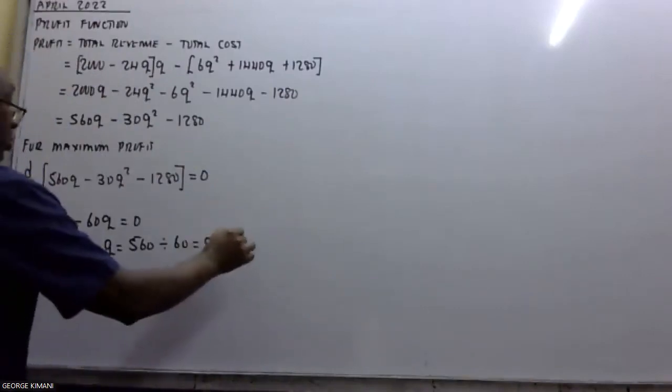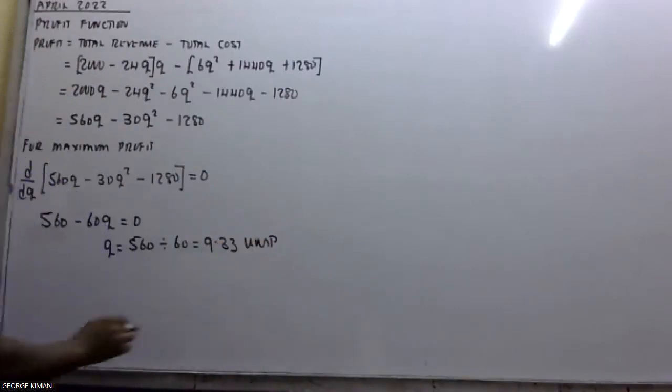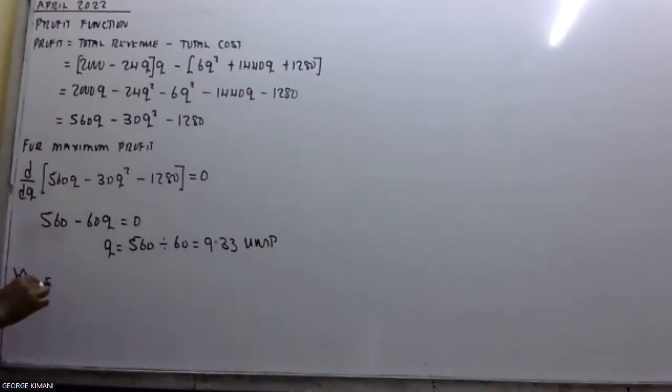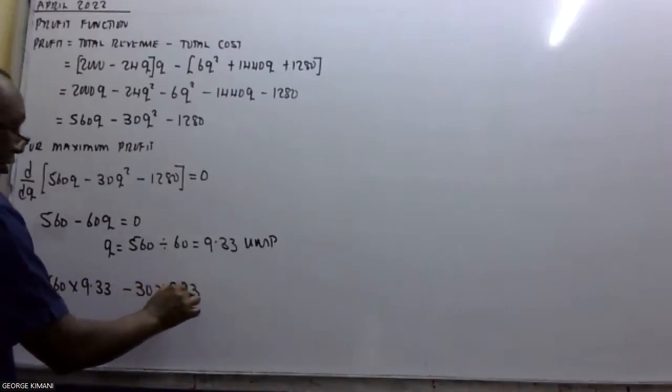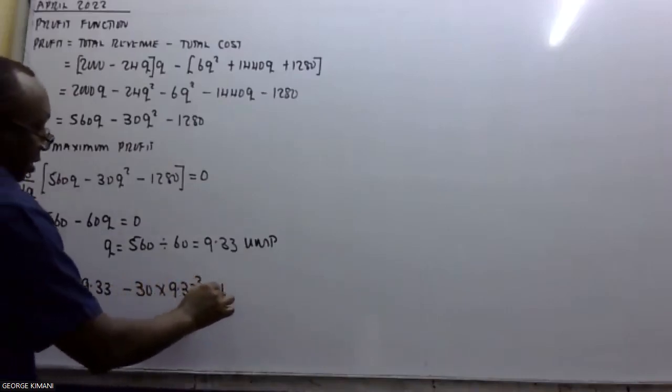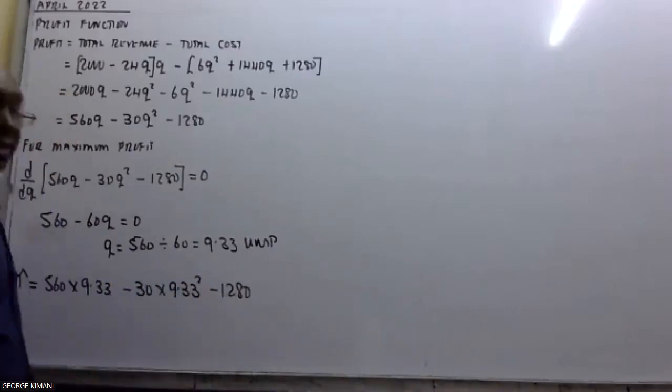Okay, so if that is true, profit then will be 560 times 9.33 minus 30 times 9.33 squared minus 1280.